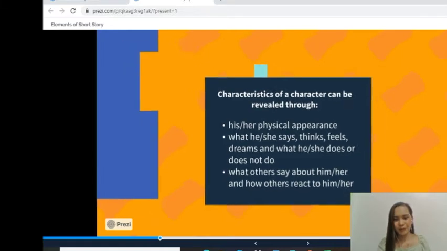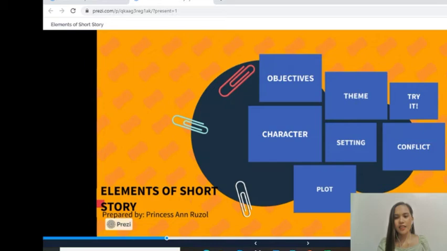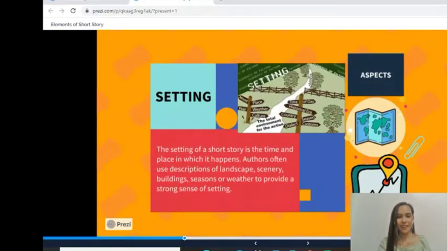Okay, let's move on. Let us have now the setting. What is all about the setting? The setting of a short story is the time and place in which it happens. Authors often use descriptions of landscapes, scenery, buildings, season, or weather to provide a strong sense of setting.